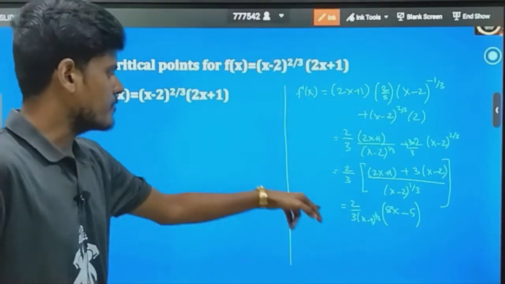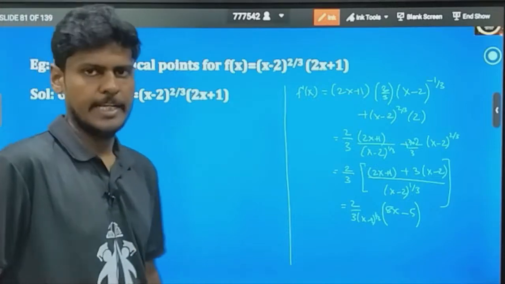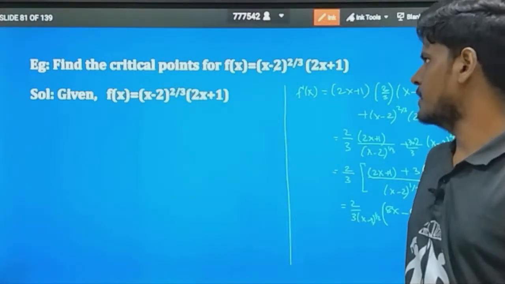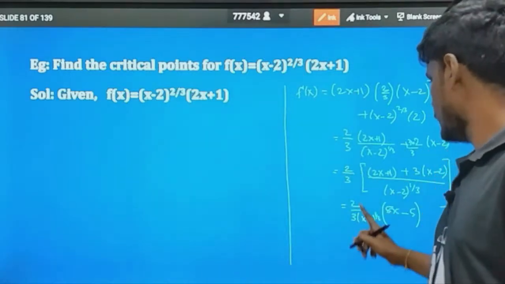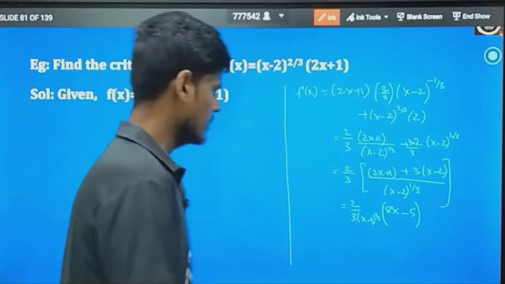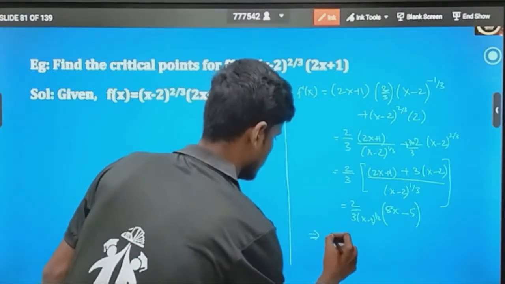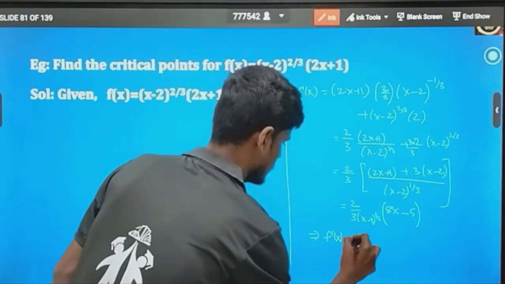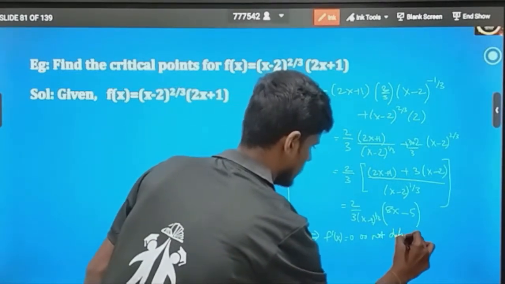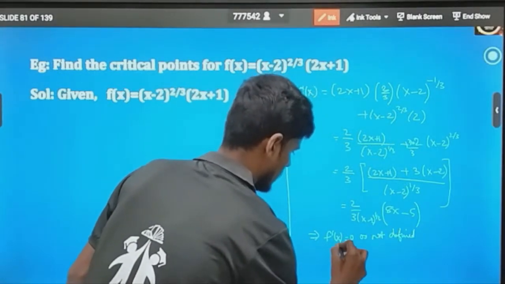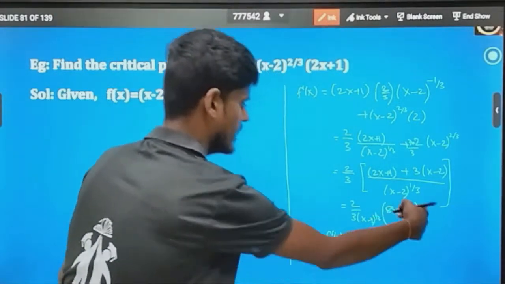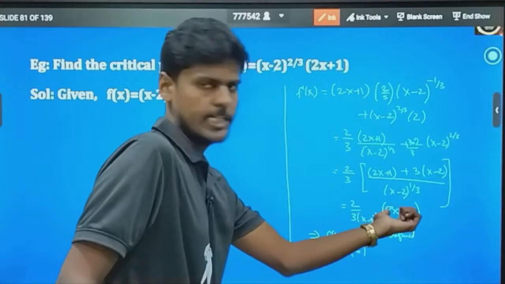Now what we need to see is when f dash of x becomes 0, that is a critical point, or when f dash of x is not defined. So in this question, f dash of x becomes 0 or not defined. When x is equal to 1, the numerator becomes 0, 5 into (x minus 1).